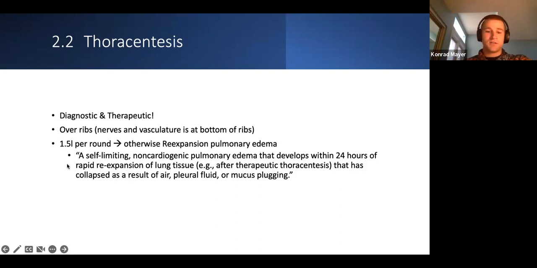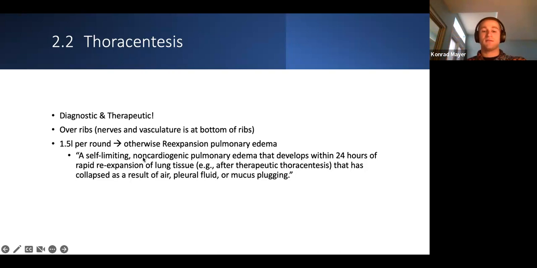Another important thing: if somebody has a large pleural effusion, let's say 2 liters, you shouldn't take 2 liters out at once, because the lung has been compressed by this large pleural effusion for quite a while now. If we were to take out 2 liters all at once, it can lead to something called re-expansion pulmonary edema, or re-expansion syndrome.